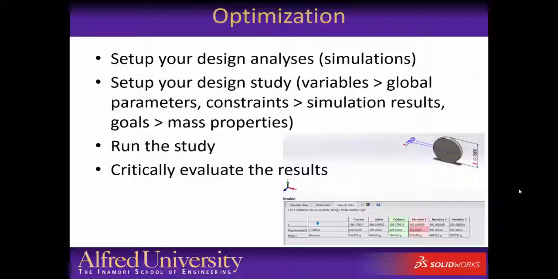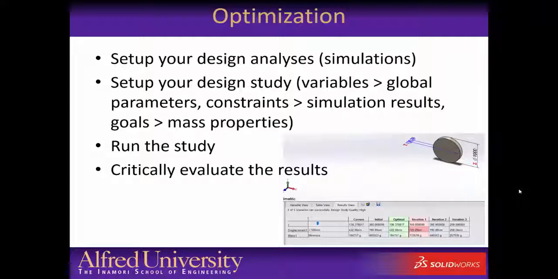These are the steps that were outlined several slides ago, involving the creation of a CAD model, the assigning of a material, the application of external loads and restraints, the creation of a mesh, and the running of an analysis. In this case, we'll be doing a static analysis. Once you've set up that analysis, you must then create a second kind of study called a design study.